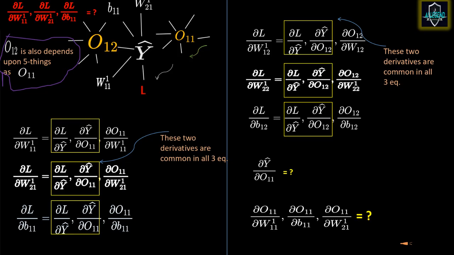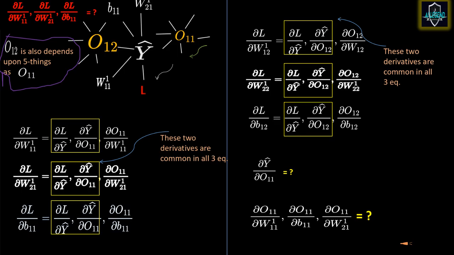So if we focus on how many derivatives we have to find out: del L over del y hat is present in the others too, and we have already found its value, so it's done. Now second, we have to find del y hat over del O11, which is equal to the question mark you are seeing in the figure.